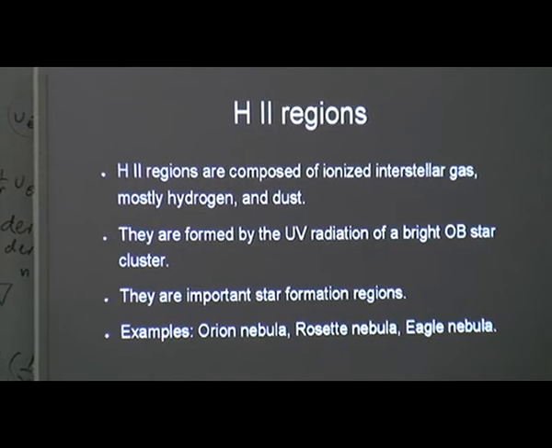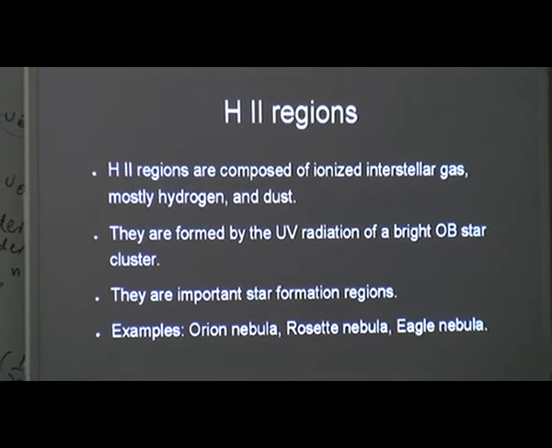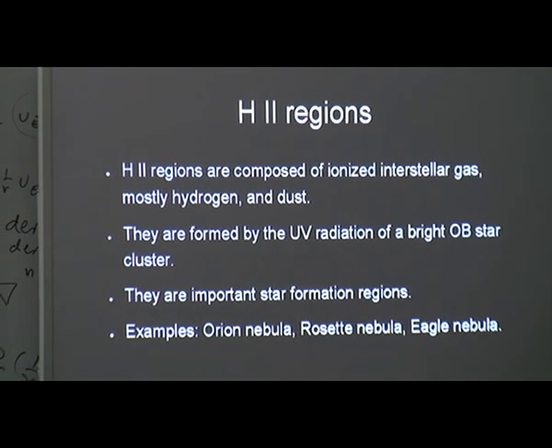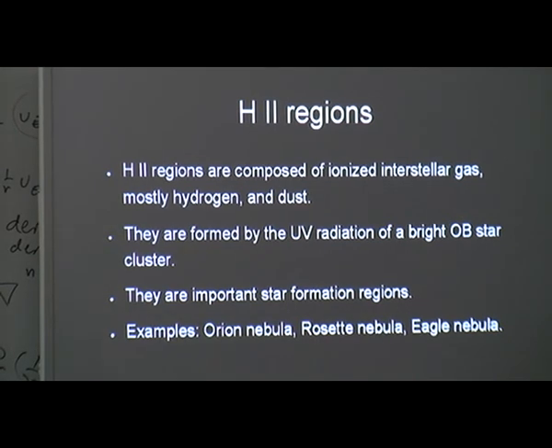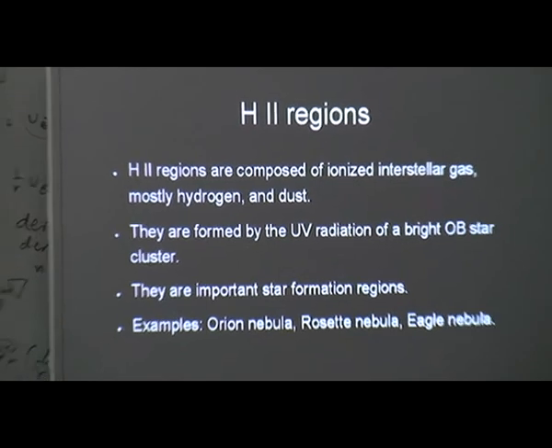It's mostly hydrogen, but some other elements as well. In the center of the region, there is usually a cluster of very bright O and B spectral type stars that cause the ionization. And there is also important star formation happening in these regions.